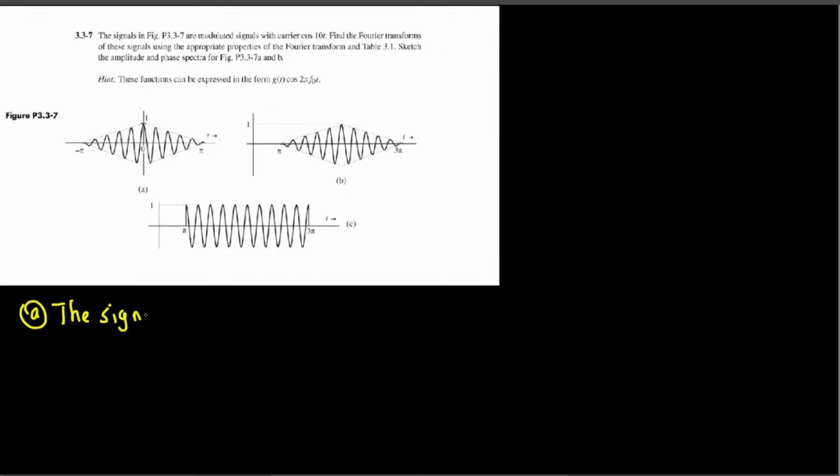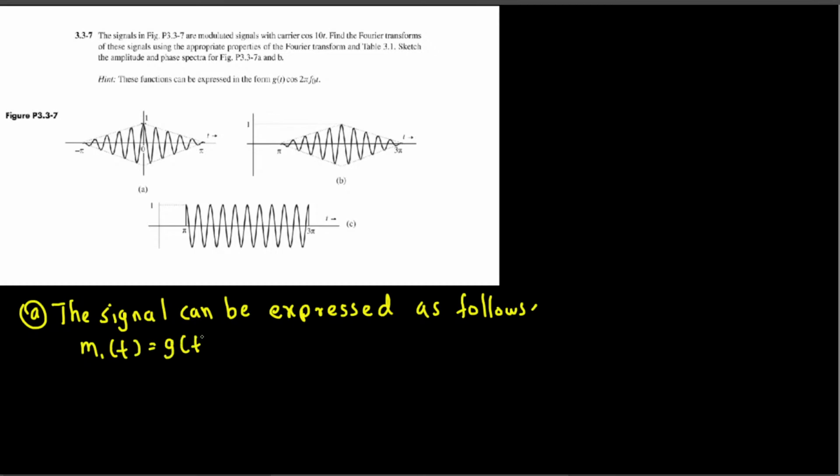The signal can be expressed as follows: m1(t) is equal to g(t) cos 2π f naught t.